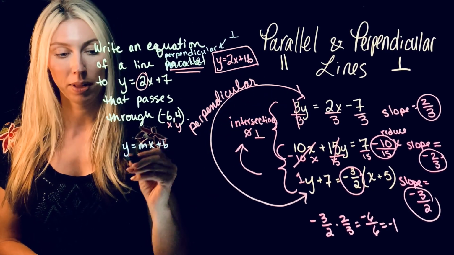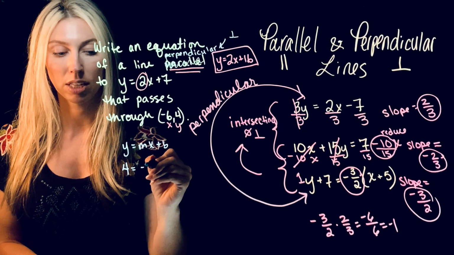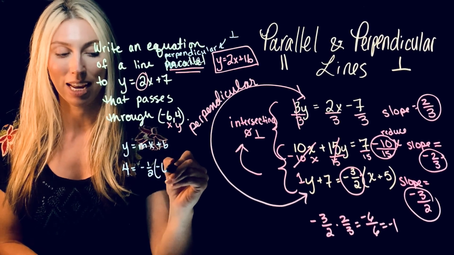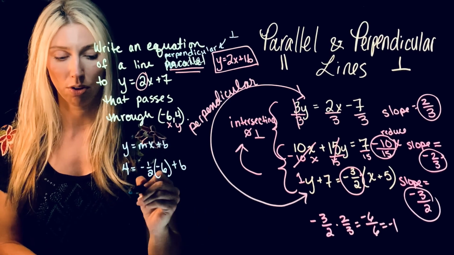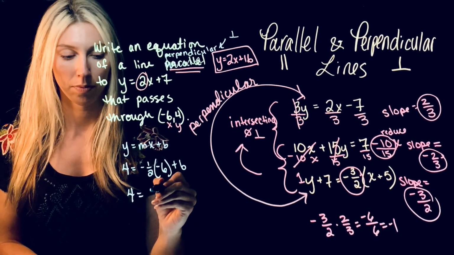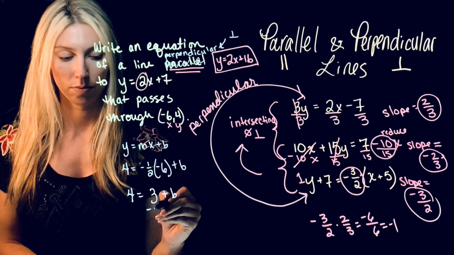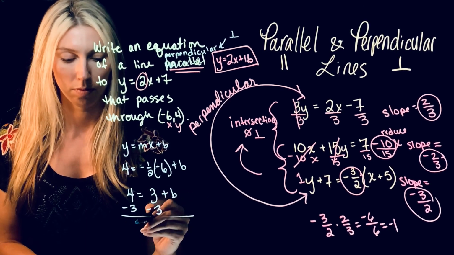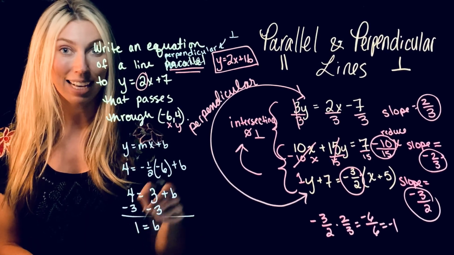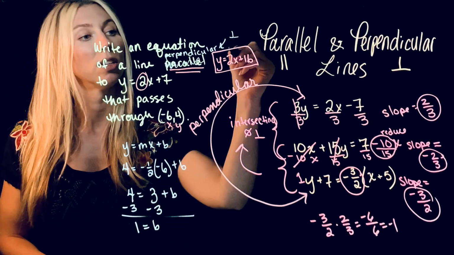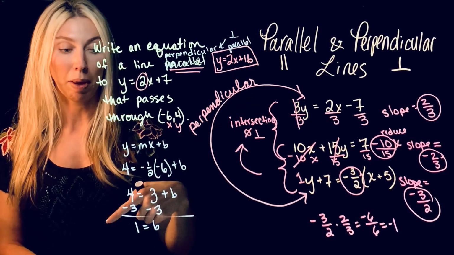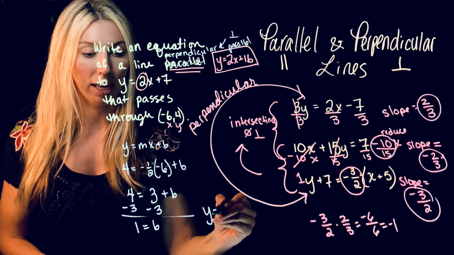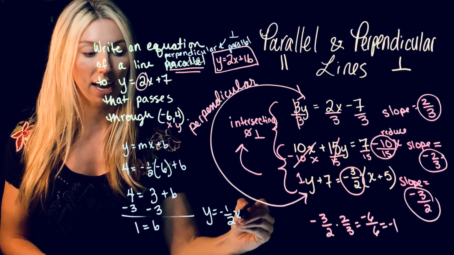So now when I plug it in, it'll be 4 equals negative 1/2 times negative 6 plus b. And I can just work it out and solve for b. So in that case, 1 would be b.